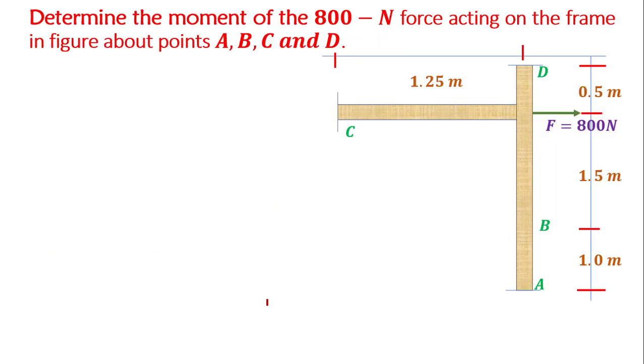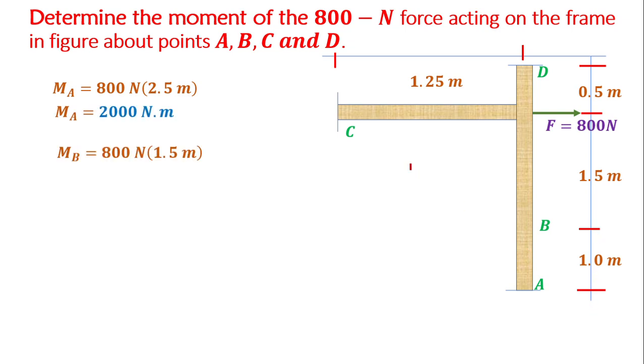Okay. So, ito naman, we have here force of 800. So, we're going to solve for the moment about A. So, 800, that is 2.5, di ba? So, we have here.